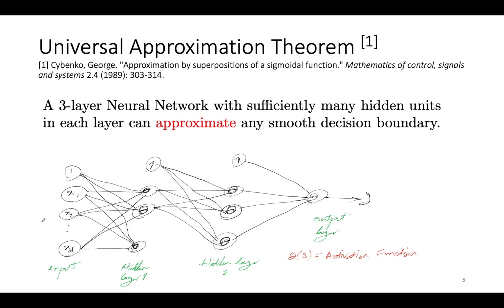The first task that we're going to talk about today is feed forward, because we feed the inputs from the left side and we go all the way to the right side. We call this feed forward.